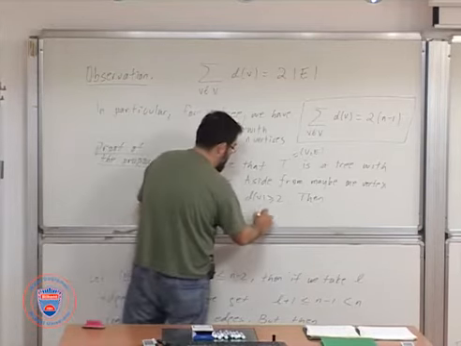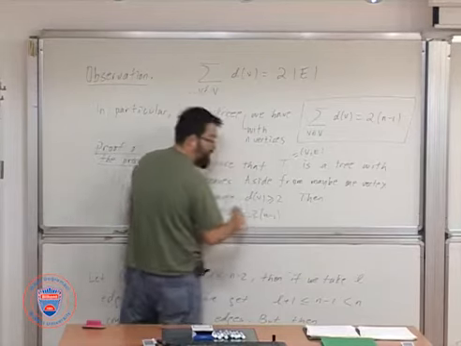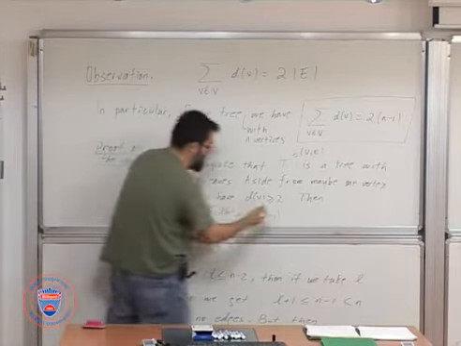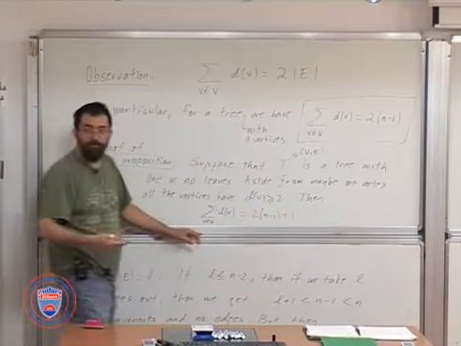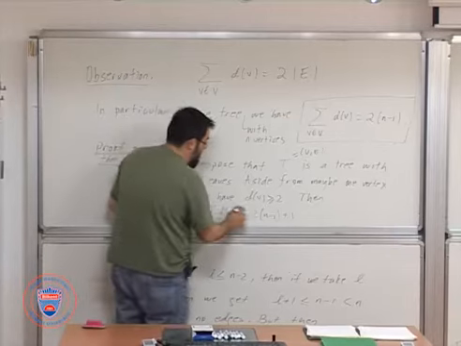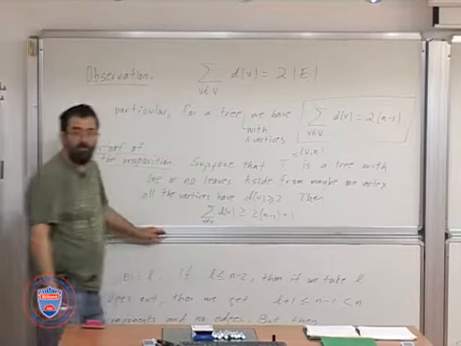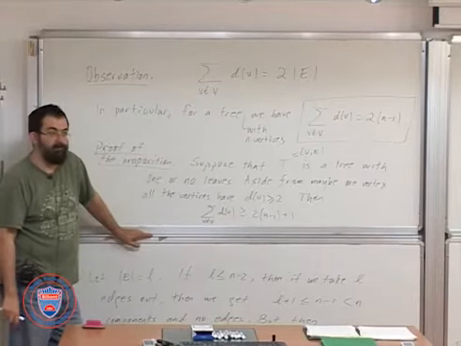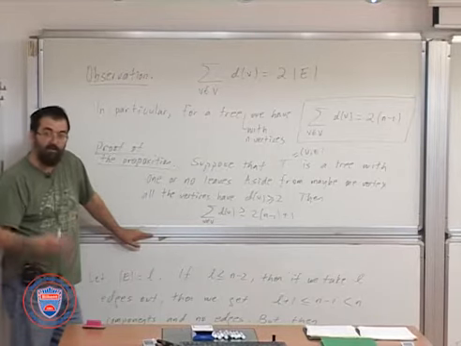So that means you get 2 times n minus 1 from them, and with the last one, maybe 1 more. So the sum is at least 2 times n minus 1 plus 1. You cannot get anything smaller.